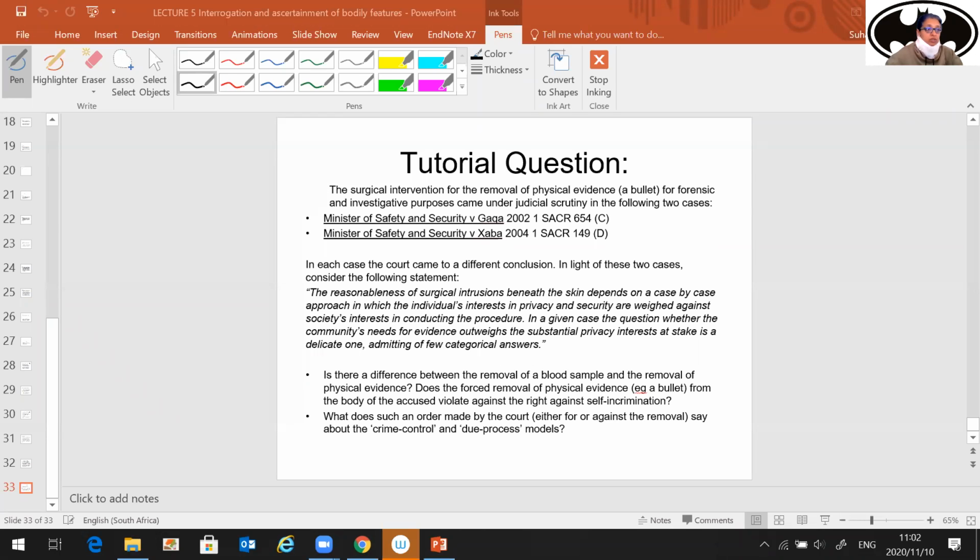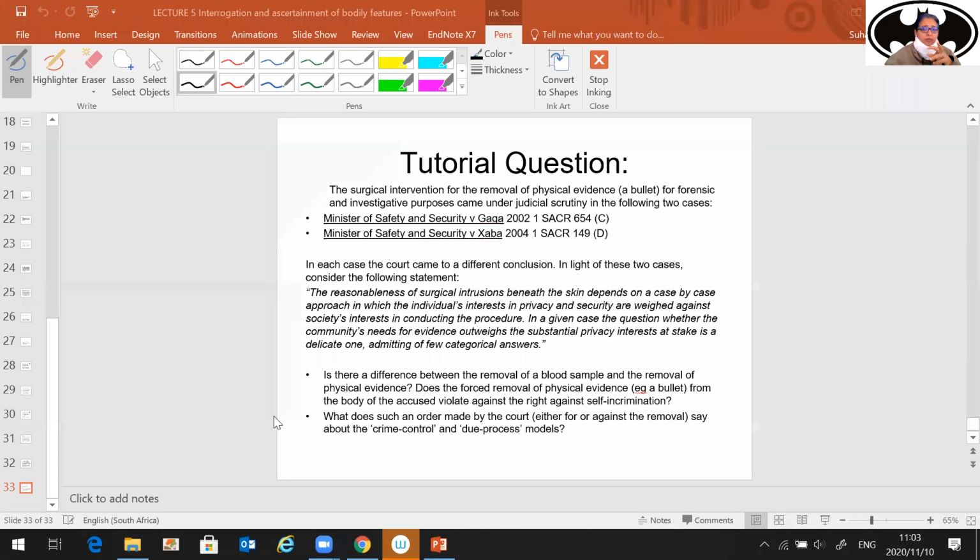The key questions, the two or three or four questions as they've been divided, that you need to consider are: is there a difference between the removal of a blood sample and the removal of physical evidence? That's the first thing. Secondly, does the forced removal of physical evidence, for example a bullet, from the body of the accused violate the right against self-incrimination?